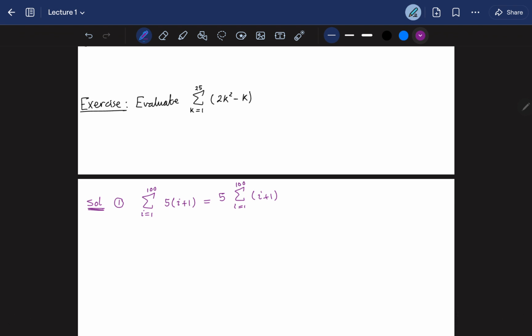Next, using property 1.3, I can distribute this sum, and now I can use the distribution property to distribute the 5 over these sums.